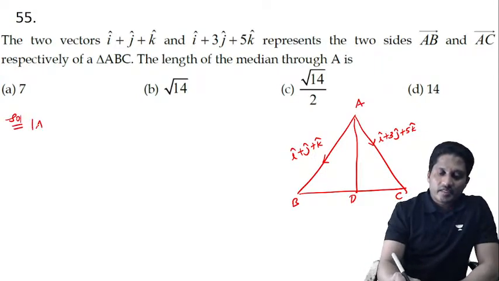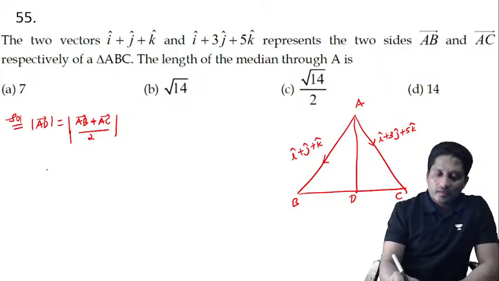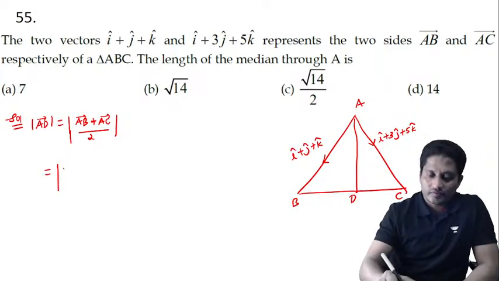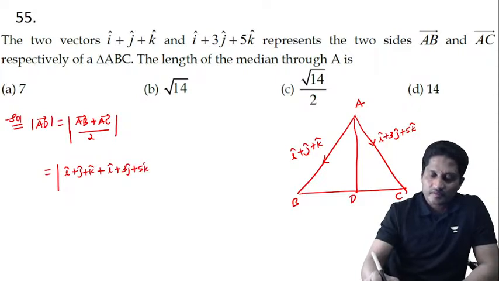Length of the median AD is equal to modulus of AB plus AC, mod of AB plus AC by 2. This is equal to modulus of I plus J plus K plus I plus 3J plus 5K, and then the whole divided by 2.